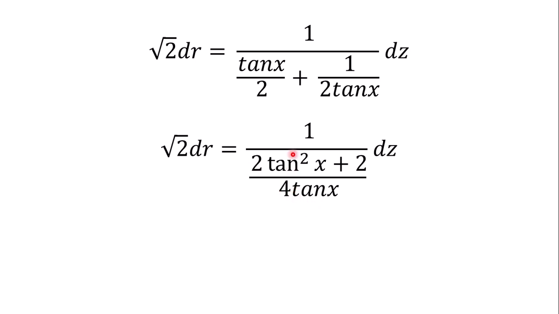Right, so this one will come up and multiply this one here, and that will give us what, 4 tan x. 4 tan x.